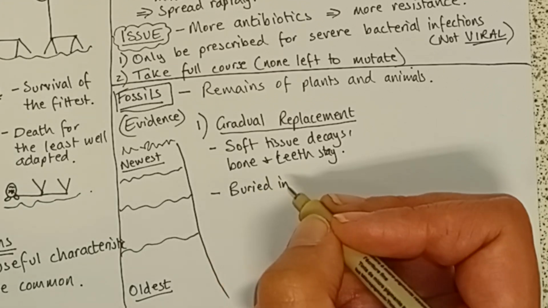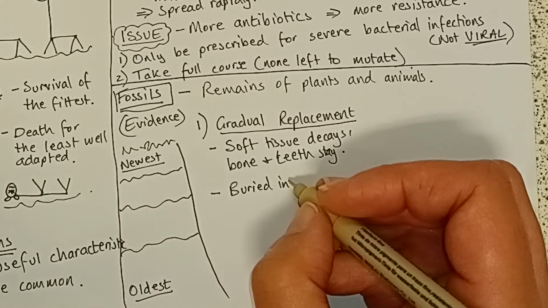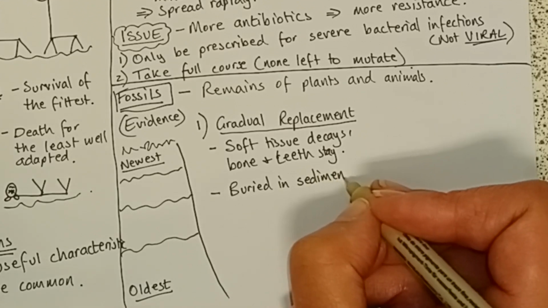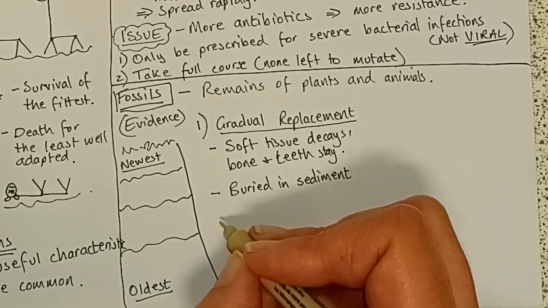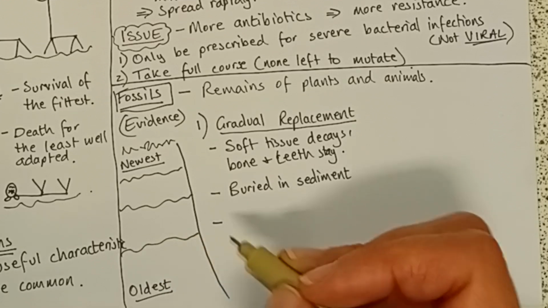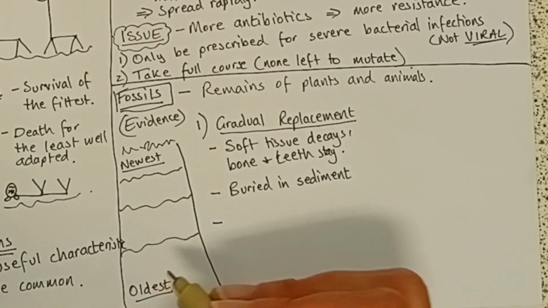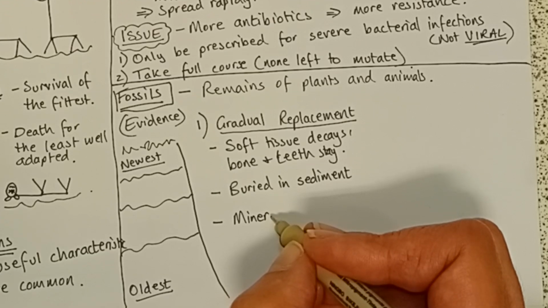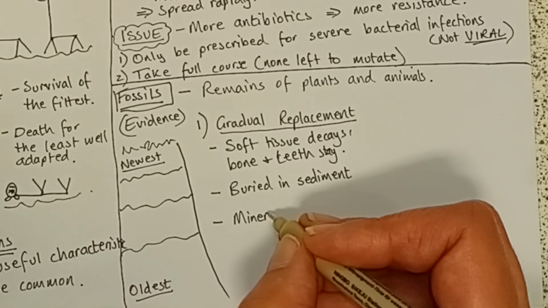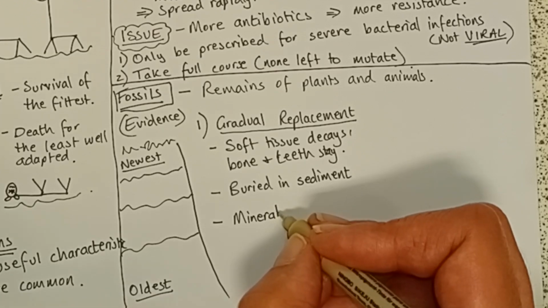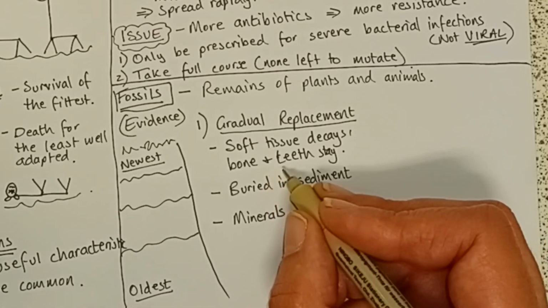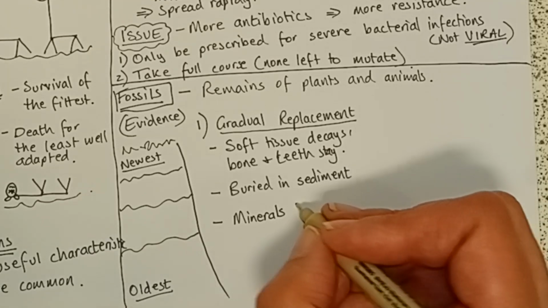But even if it happens on the land, they will eventually get buried in sediment, a layer of mud. So as they get buried, minerals leach in. So minerals, remember, are inorganic ions, so things like phosphates and sulfates and nitrates. And they leak out of the surrounding rock into where the bones and teeth were.